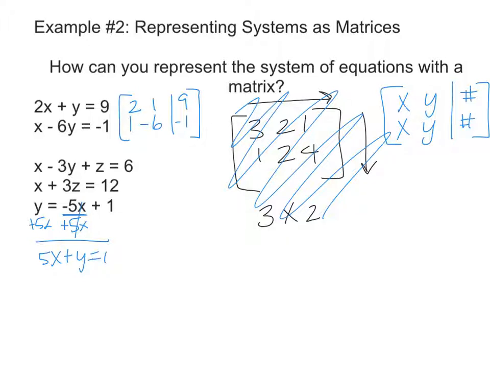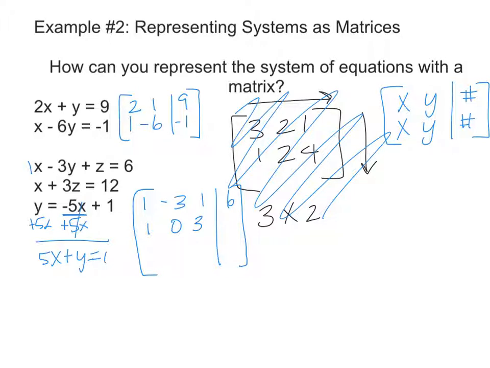So when I rewrite this one, remember the first one, the coefficient is 1, so that's 1. Then -3 for the y, 1 for the z, and the answer will be 6. The next one, there's a 1 for the x, and notice there is no y, so y would be 0.